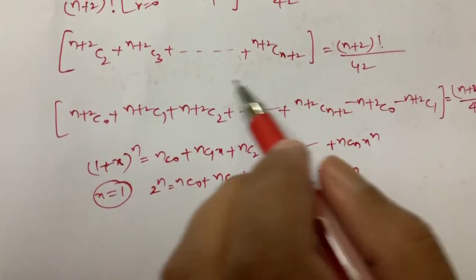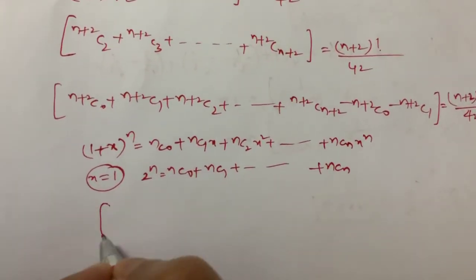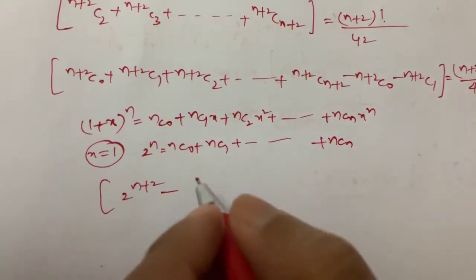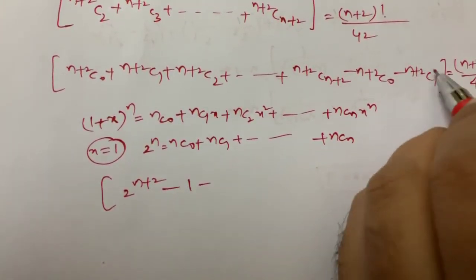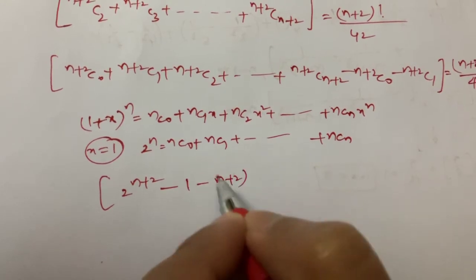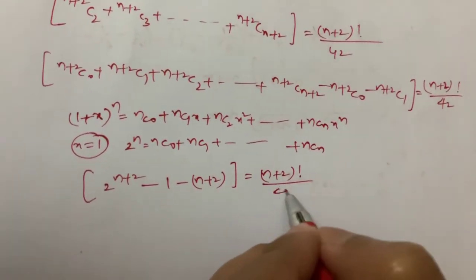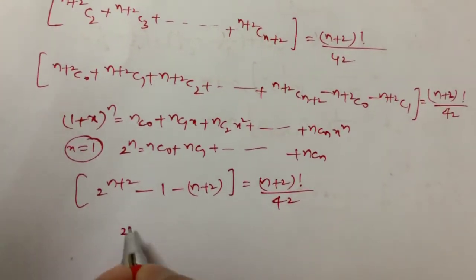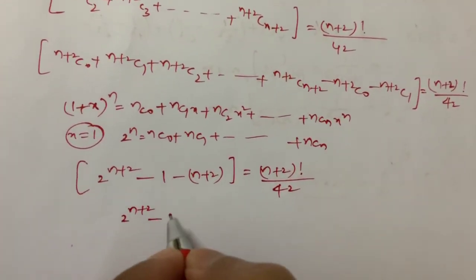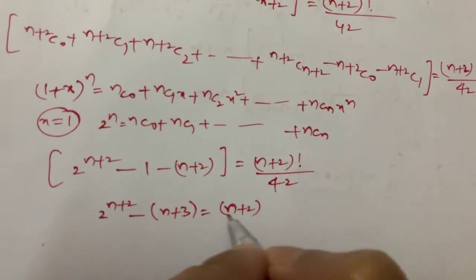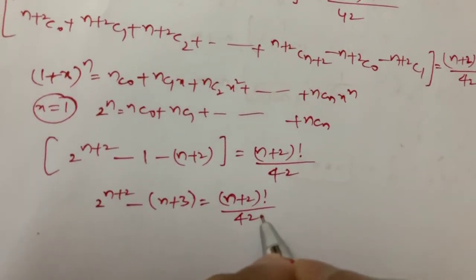So this is 2 power n plus 2. So 2 power n plus 2 minus n plus 2 c naught, which is 1, minus n plus 2 c1, which is n plus 2. So this is equal to (n plus 2) factorial by 42. So 2 power n plus 2 minus (n plus 3) is equal to (n plus 2) factorial by 42.